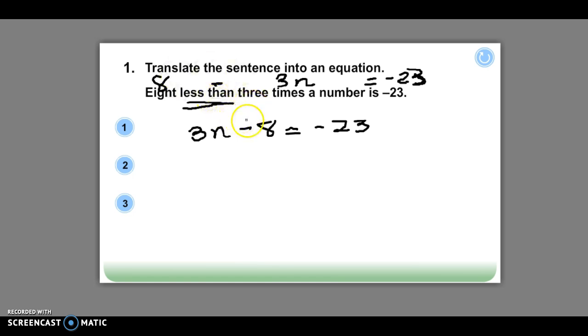When it comes to subtraction, you cannot flip them around. You cannot commute them like you can with addition. So it's very important that you flip them whenever you see the words less than or fewer than. Let's try another one.